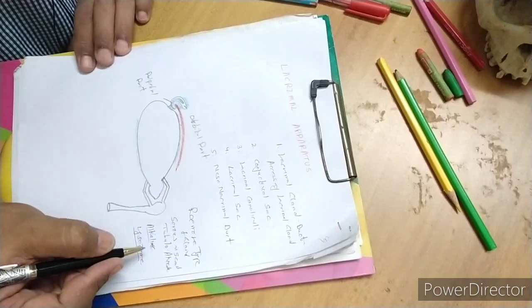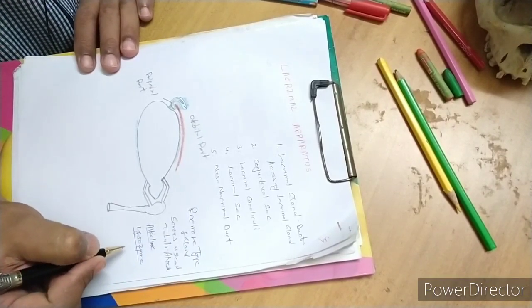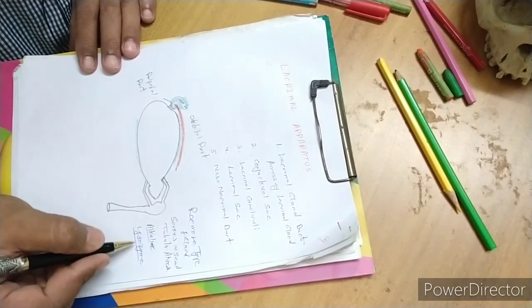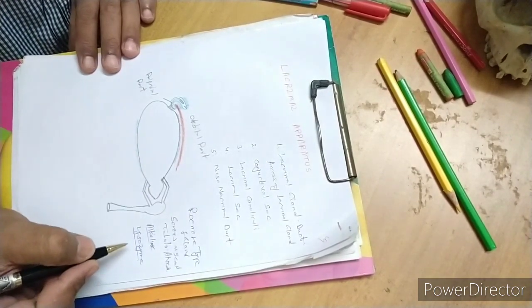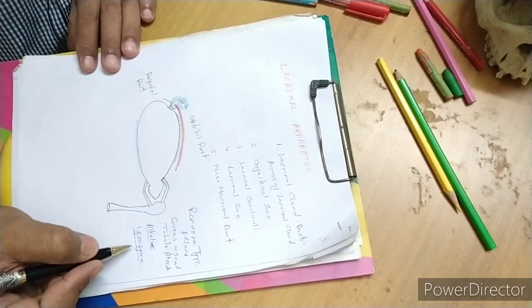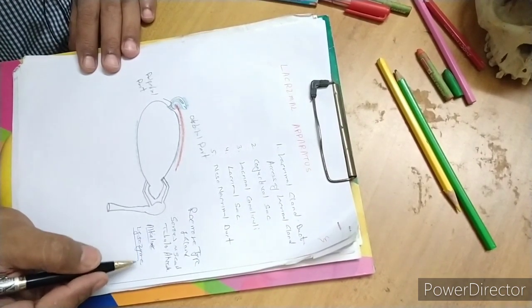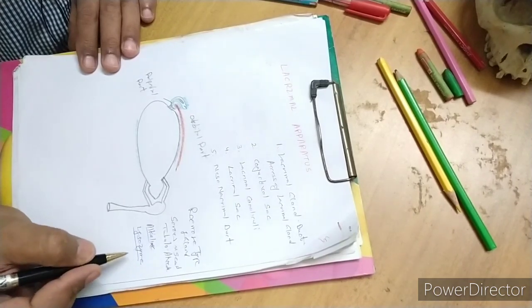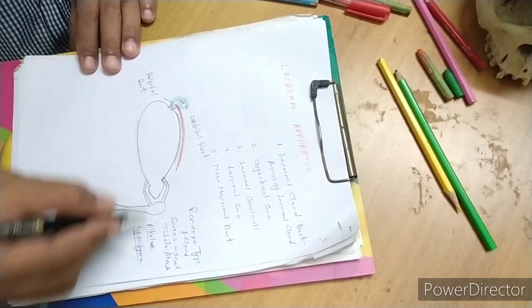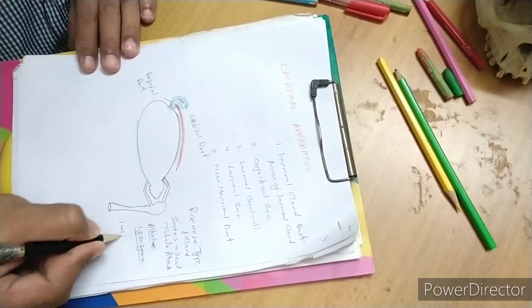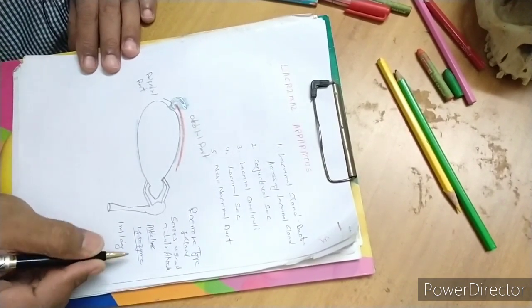It contains lysozyme, which is bactericidal, so it kills the bacteria present in the conjunctival sac. Clear? So this is the quality of the lacrimal fluid, and around 1 ml of lacrimal fluid is secreted per day.